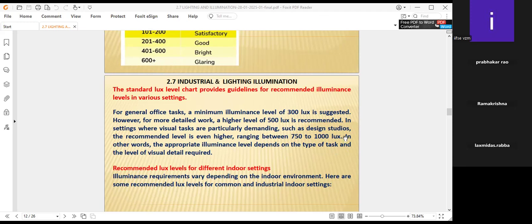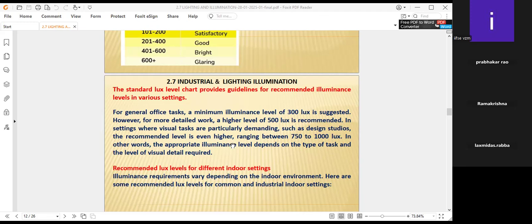See, again the scientist is putting us in a dilemma by leaving the decision to employees or the management. The appropriate illuminance level depends on the type of task, more detailed or less detailed work. Again, they are keeping the question on our minds.